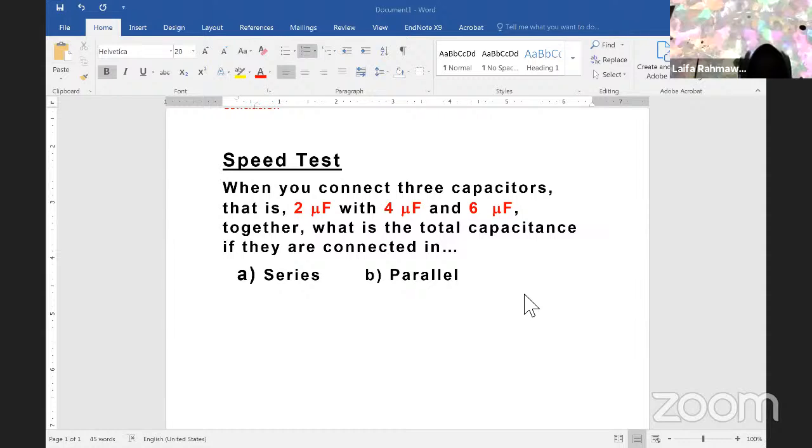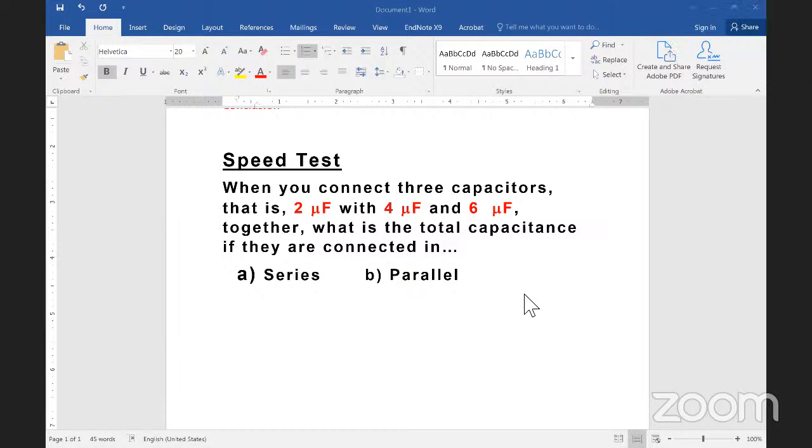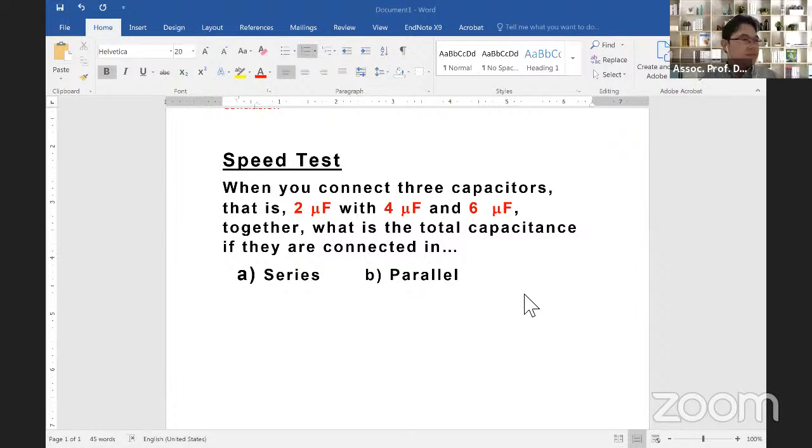Atika Dwi, I think. Laifa, could you please summarize the three? Okay, Atika Dwi. Oh, romantic, yes, don't be sad. Next time. And Fatima Zahra.